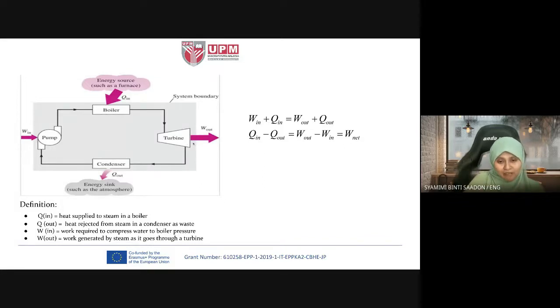If you already have a working fluid at high pressure and temperature here, and then you increase again directly, it cannot, it means the working fluid keeps going higher and higher. Okay, that is one thing.